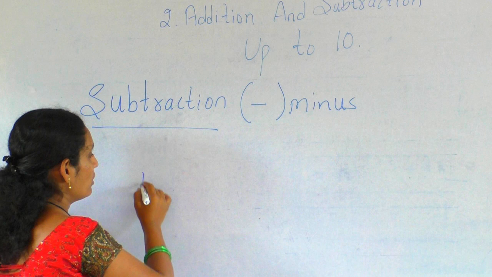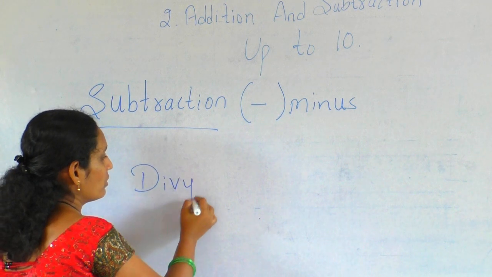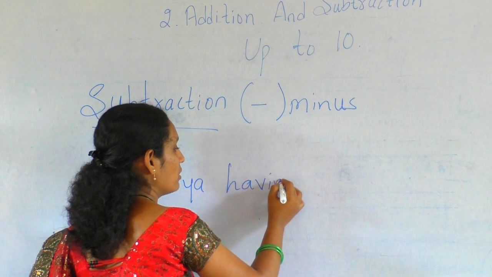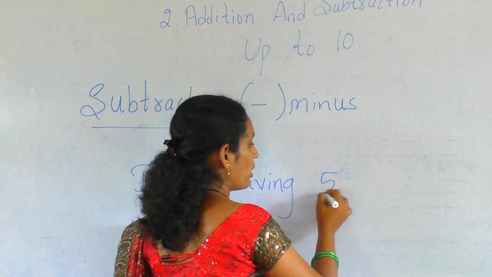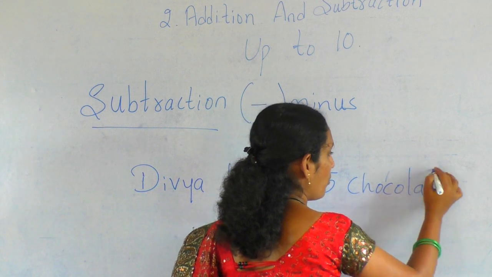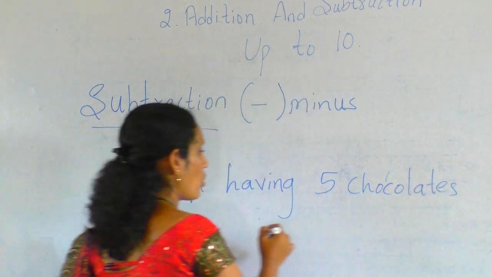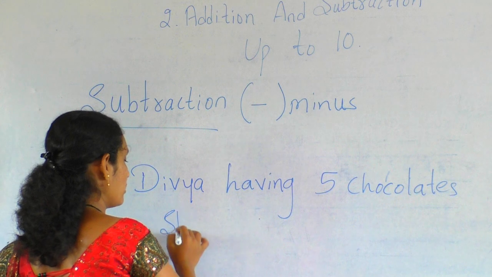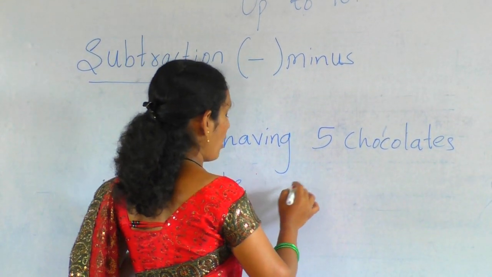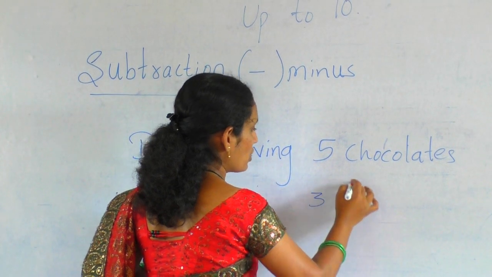If Divya is having 5 chocolates, how many chocolates? 5 chocolates. Among the 5, 3 chocolates she ate.